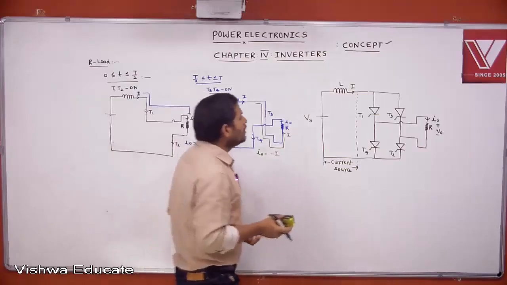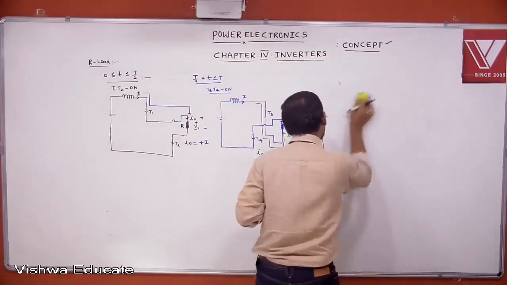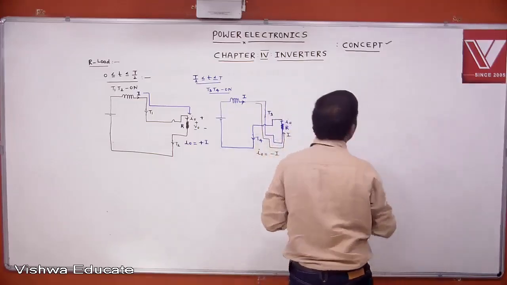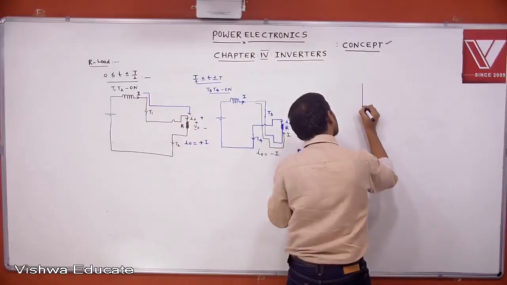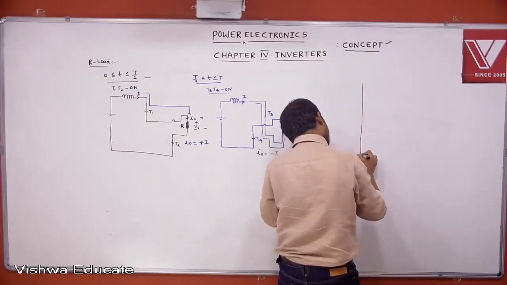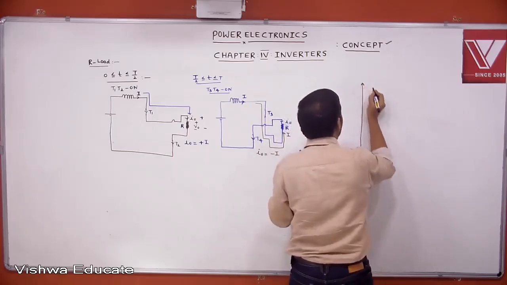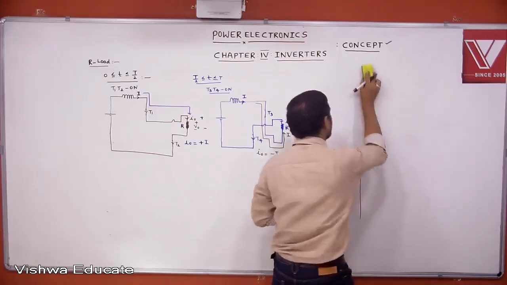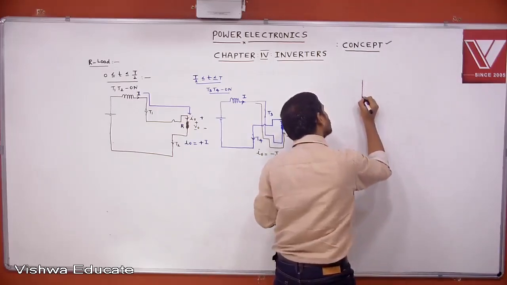Now, with this, we are drawing the waveforms for a purely resistive load first, for the current source inverter.